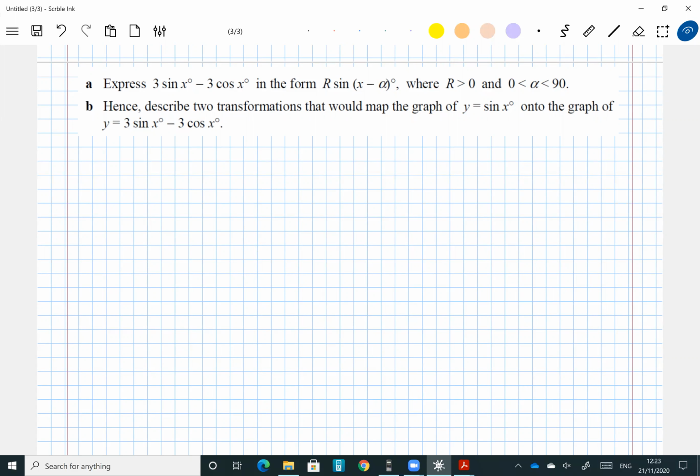So express it in that form there, and hence describe 2 transformations that would map the graph of y equals sine x onto that graph there. So have a go at that.